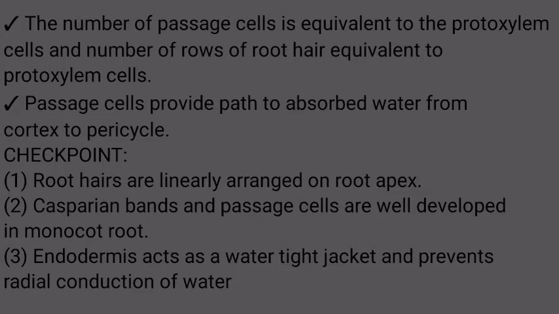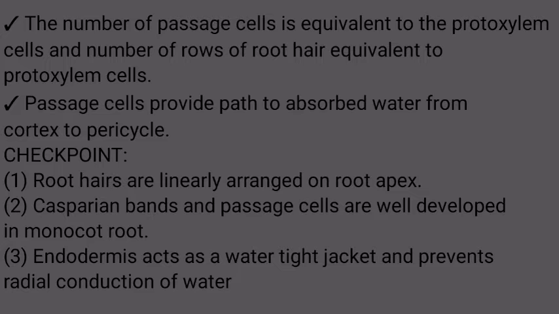Here, root contains root hairs. The number of root hairs is equivalent to protoxylem cells, and the number of passage cells also equals the number of root hairs or protoxylem cells. Passage cells provide a path for absorbed water from cortex to pericycle.